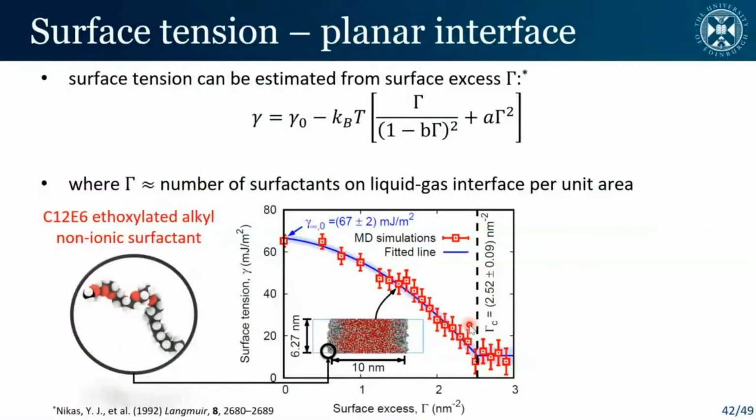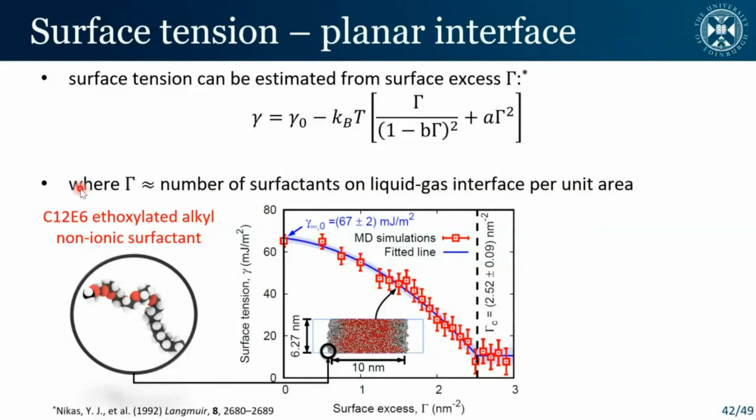And to that, we looked at the effect of surfactants. Surfactants are molecules that can rest on a liquid gas interface and reduce the surface tension. If we increase the number of surfactants, we increase the surface excess, which can be thought of as the number of surfactants per unit area on the interface.